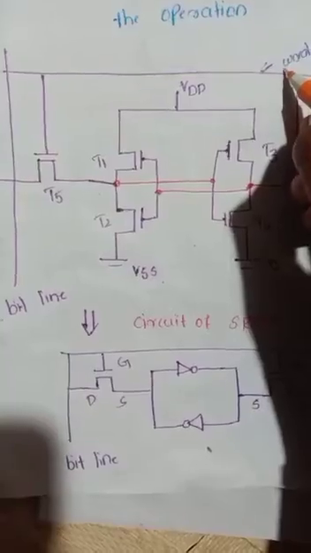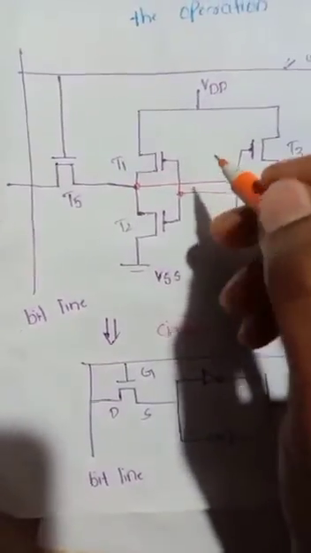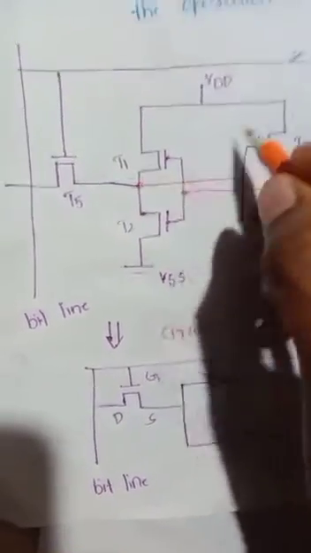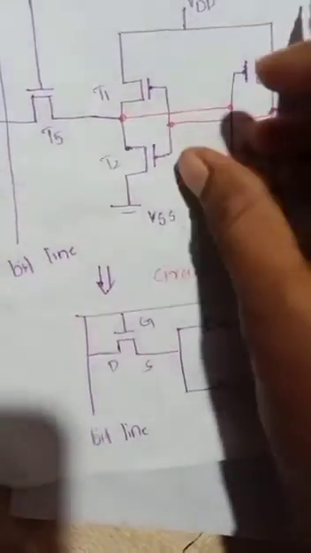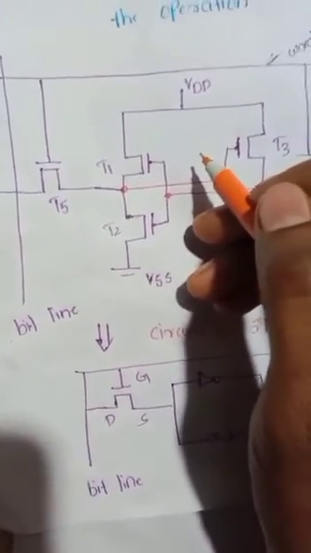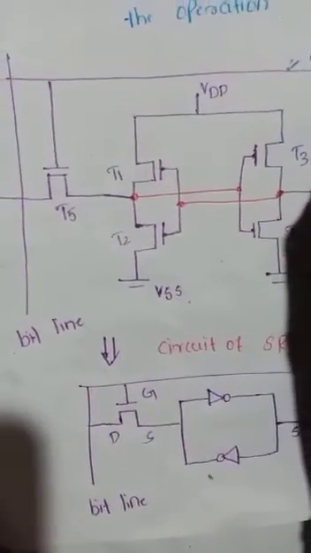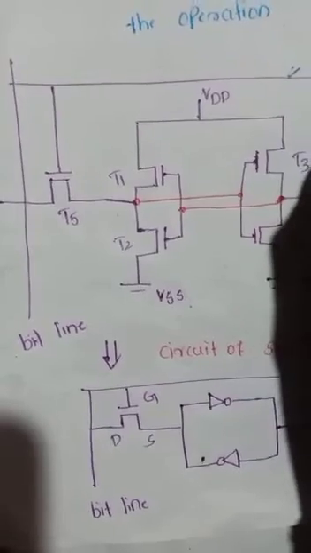This is the word line. It controls two transistors, T5 and T6. As discussed above, here six transistors, T1, T2, T3, T4, T5 and T6, are used to perform the read and write operations in static RAM. The word line is also known as the address line.